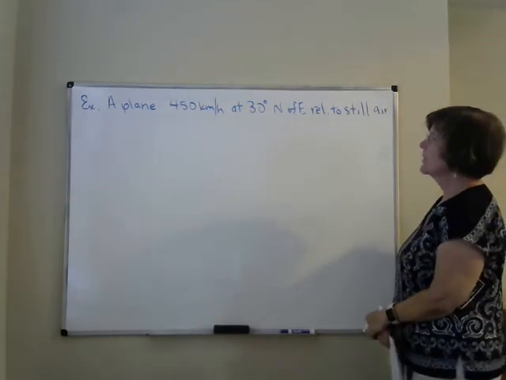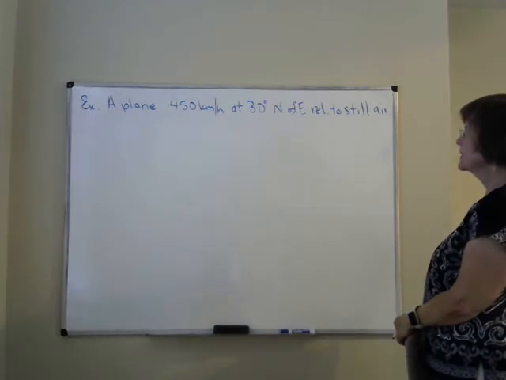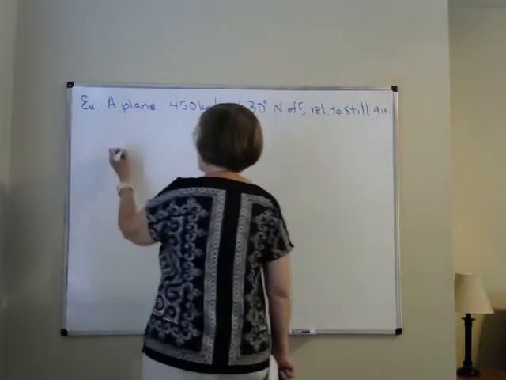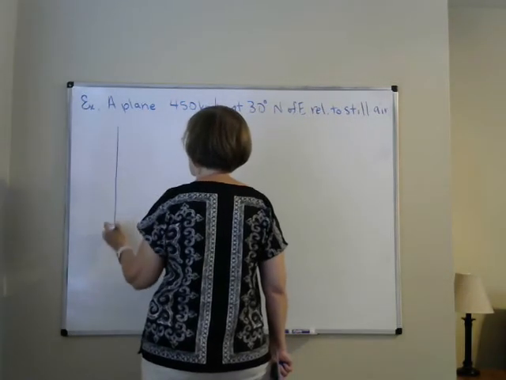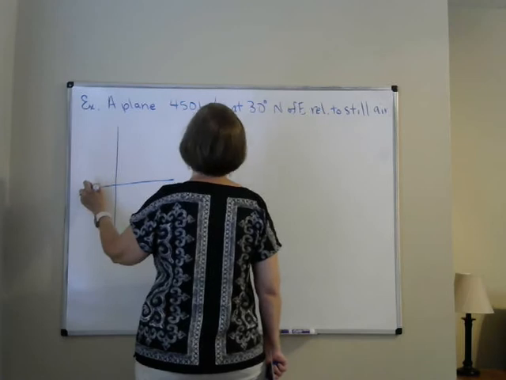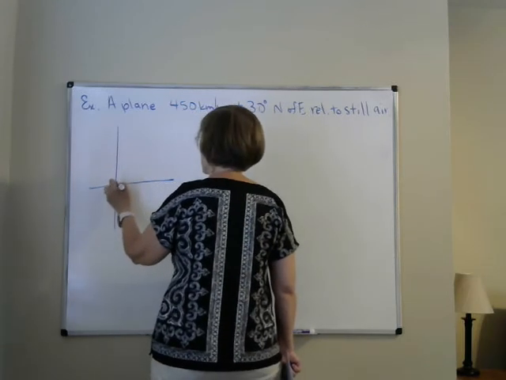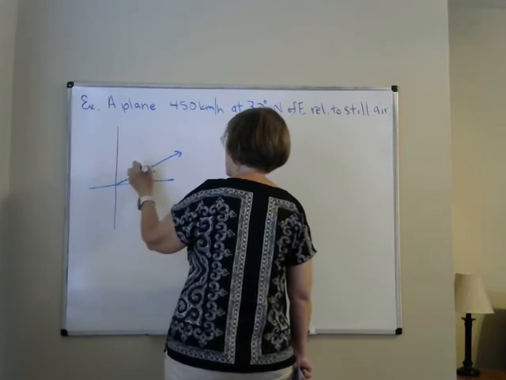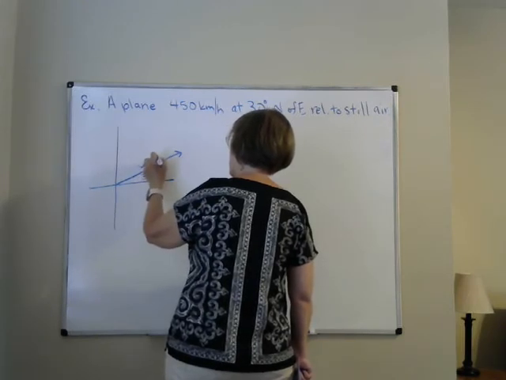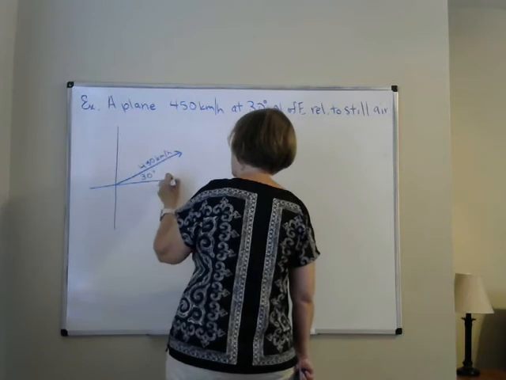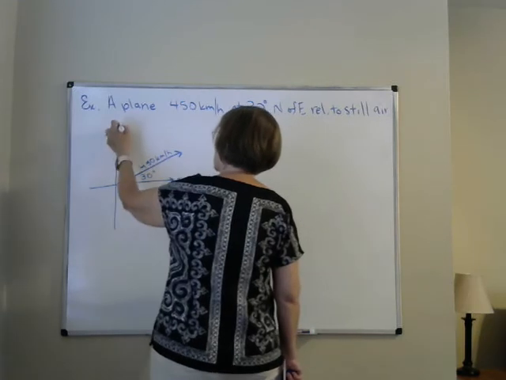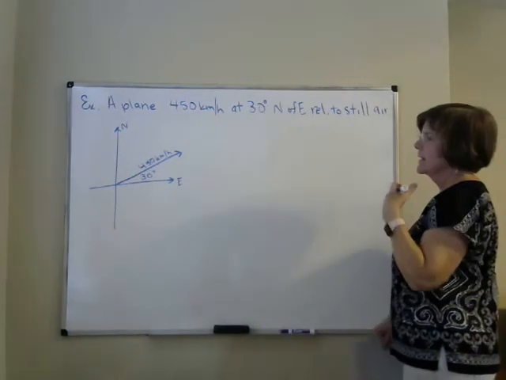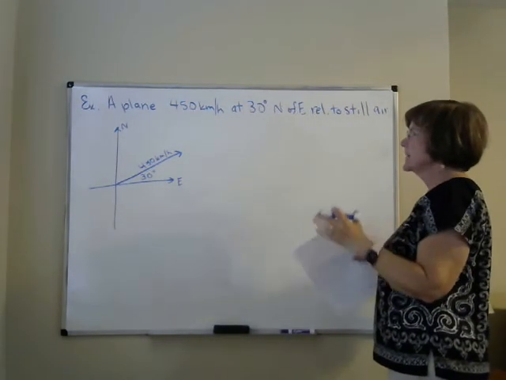If we wanted to draw this in a coordinate plane, it's going something like this. There's east, there's north. As long as the wind doesn't blow, that's its course.